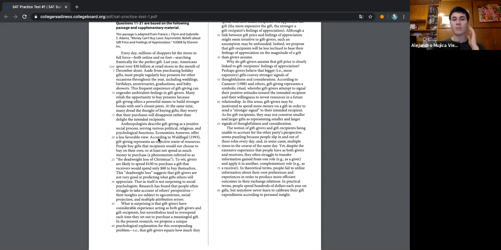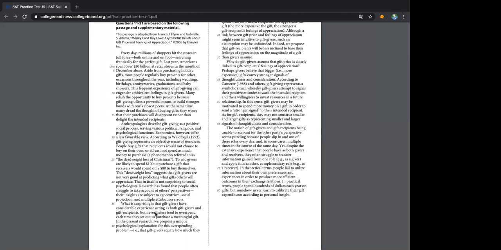People buy gifts that recipients would not choose to buy on their own, or at least not spend as much money to purchase, a phenomenon referred to as the deadweight loss of Christmas. To wit, givers are likely to spend $100 to purchase a gift that receivers would spend only $80 to buy themselves. This deadweight loss suggests that gift givers are not very good at predicting what gifts others will appreciate.